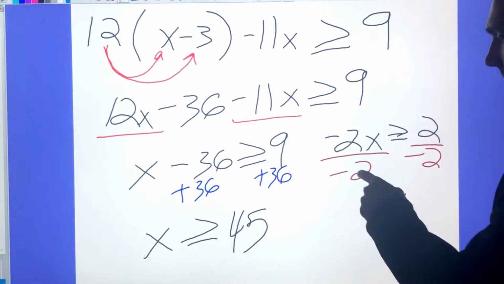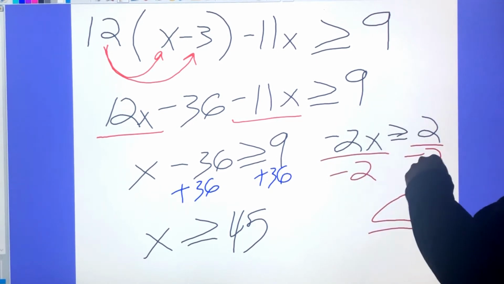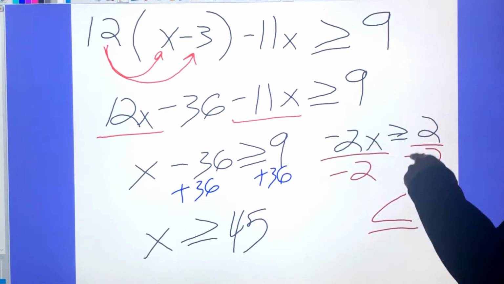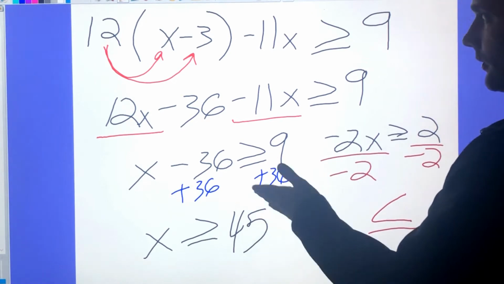The same thing happens if I were to multiply across an inequality with a negative. So if you multiply or divide by a negative, please remember to flip the inequality. Didn't happen here, so we're okay. I get x is greater than or equal to 45.